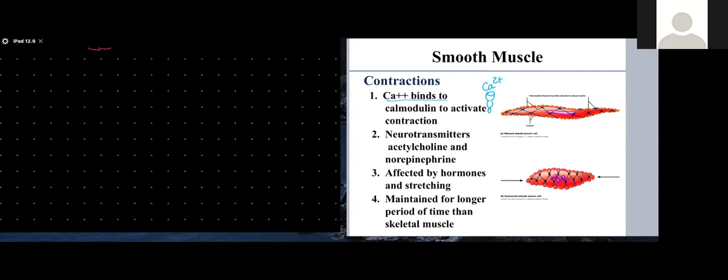If you remember, in order for you to contract your skeletal muscles, you released lots of calcium into the cytoplasm, and this calcium was binding to a regulatory protein subunit, which is the troponin. Once it binds to the troponin, you're going to be moving away the tropomyosin, and this exposes the binding sites on the actin subunits.